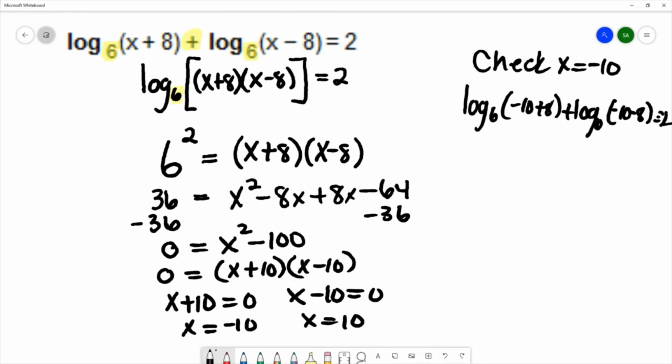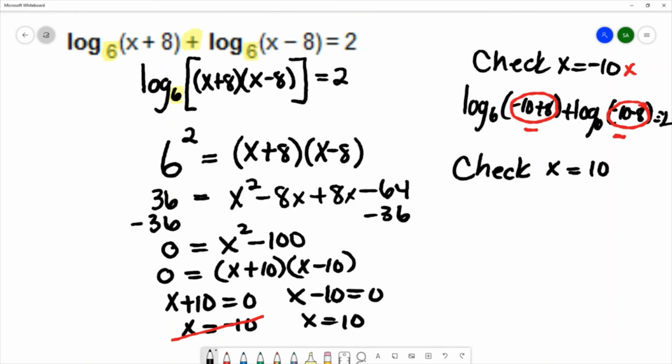And we can see that negative 10 plus 8 would be a negative, and negative 10 minus 8 would be a negative. So we'll need to throw that solution of negative 10 away, because the log of a negative is undefined. Also, the log of 0 is undefined.